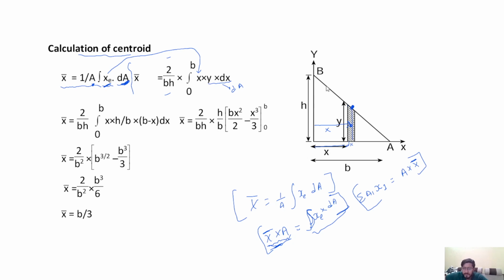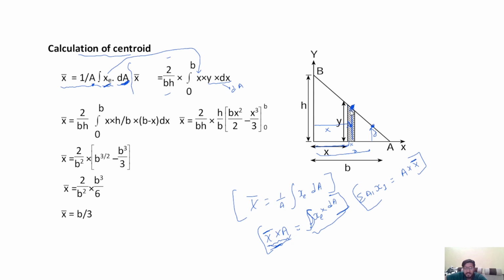And we can say in another way, if we take a strip at that point, this is the distance x and this is the distance y for this point. So here the strip is at that point, that's why the distances are x and y.